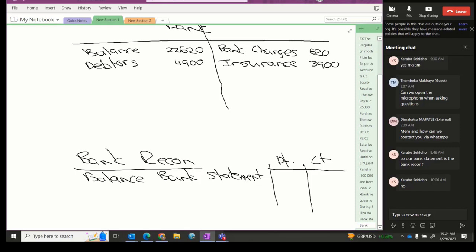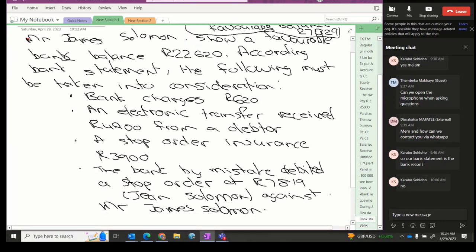But remember, the first transactions must all be opposite. So where's a favorable balance in your bank statement going to be? On the credit side. Credit, yeah. Okay, that's correct, 27329.